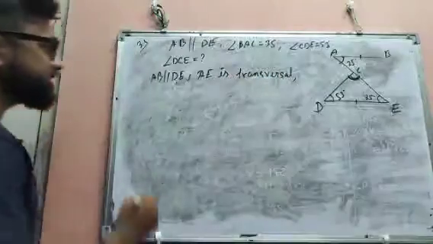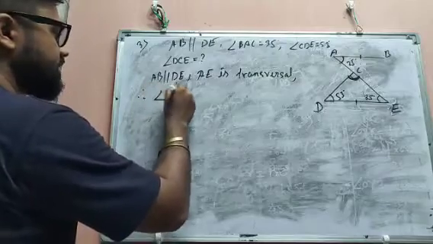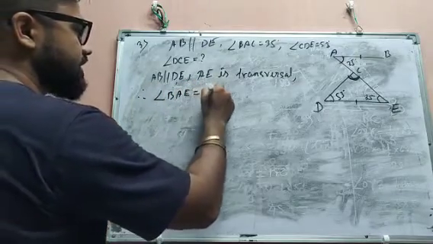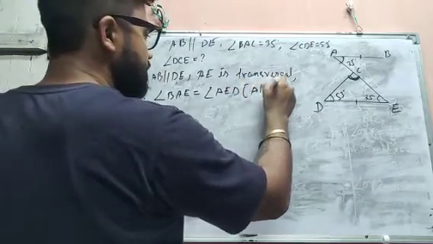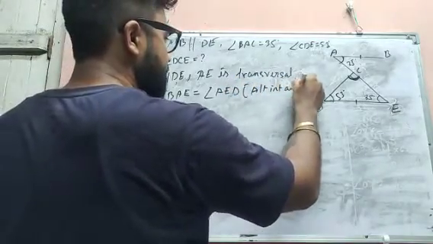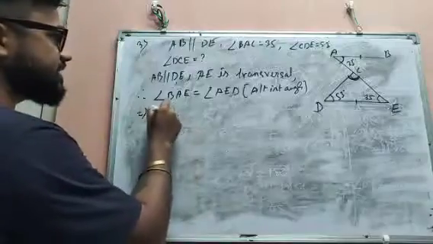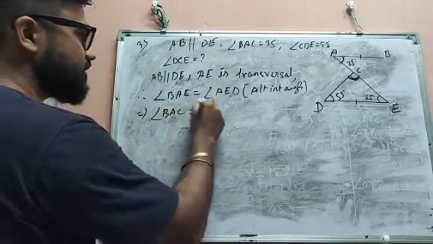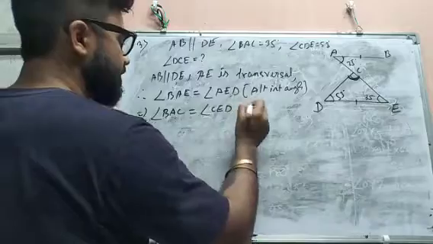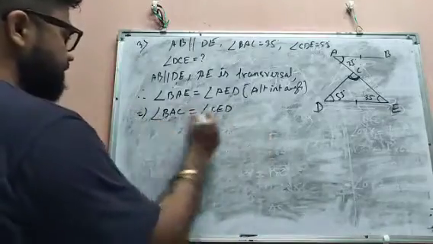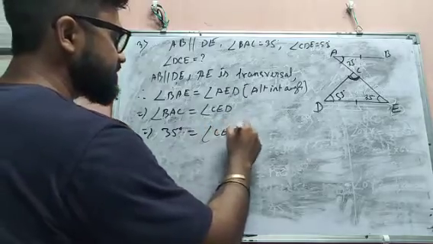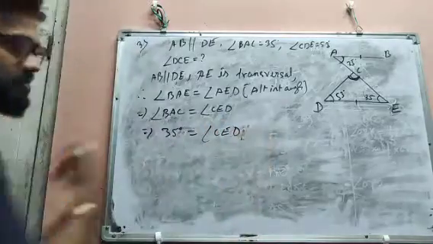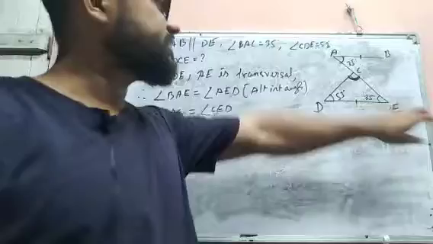As it is a transversal, therefore angle BAE equal to angle AED. Why? Because they are alternate interior angles. Or in short you can say BAC equal to angle CED. And BAC value is given 35 degrees. Therefore you can say CED is also equal to 35 degrees.